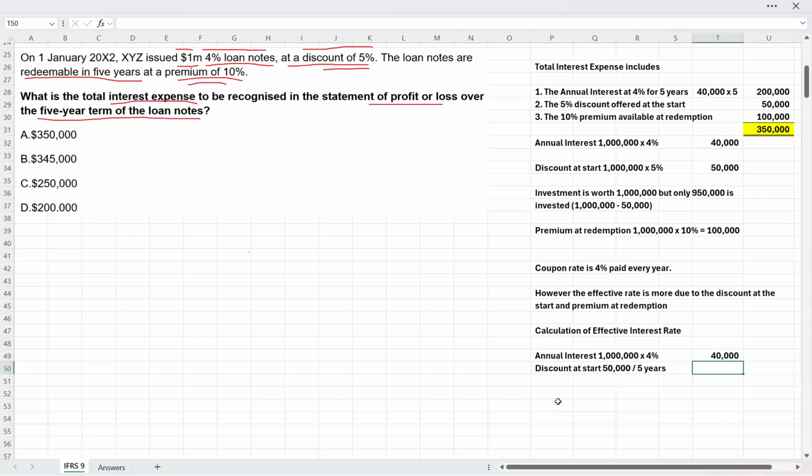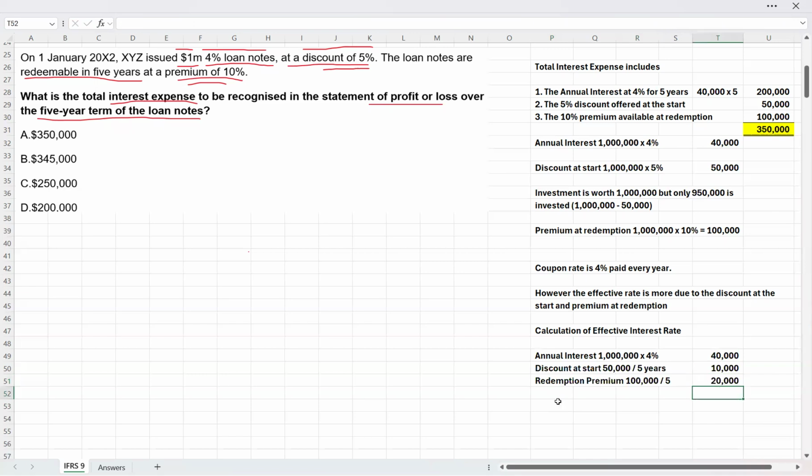The total discount is 50,000, but to get the annual value, I divided by 5 years. So that is going to be 10,000, and the redemption premium, which we have already calculated as 100,000, divided by 5, is going to be 20,000.